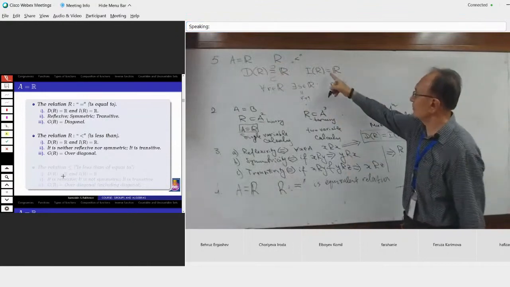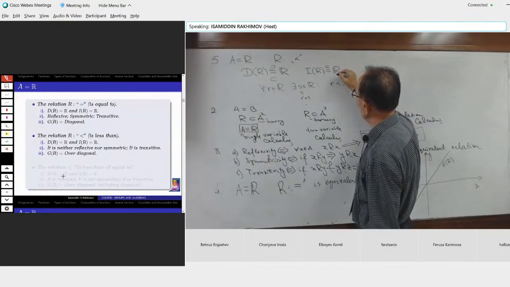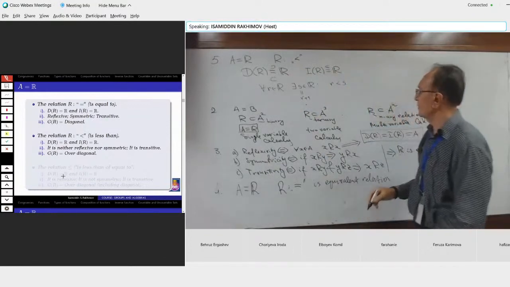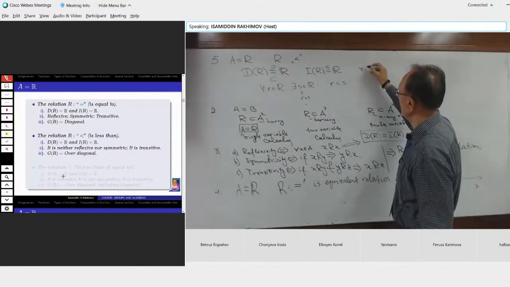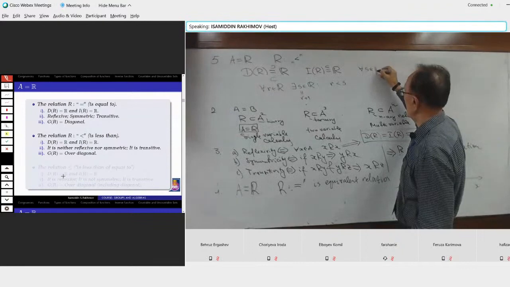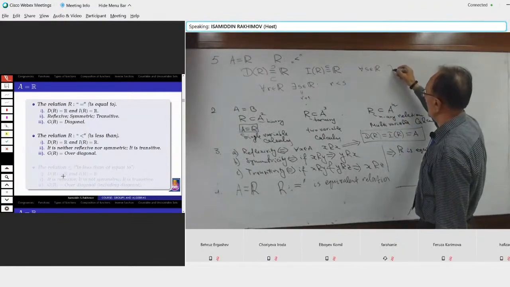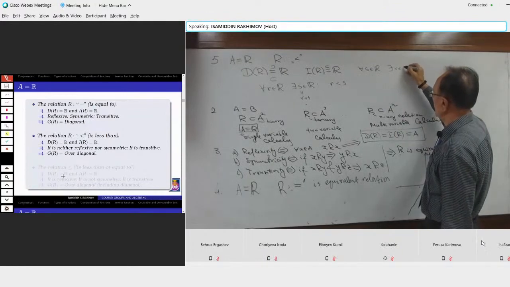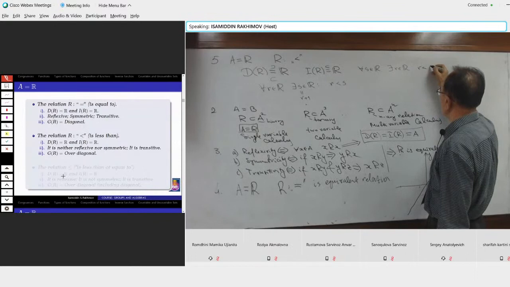Because I have this inclusion, I want to prove the converse. For this, I will take s from R, and there exists r from R such that r is less than s.